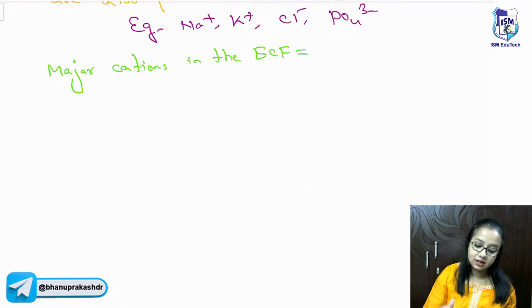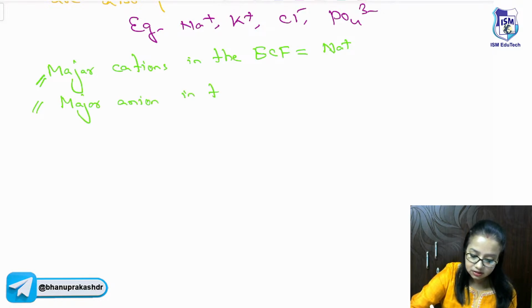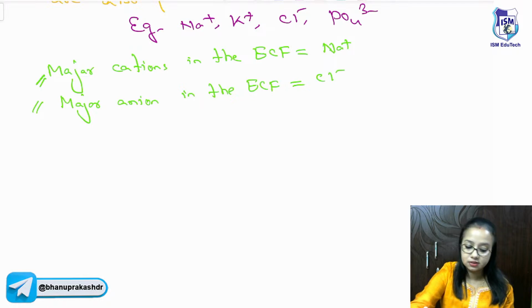So, the major cation in the ECF is sodium. The major anion in the ECF is chloride.